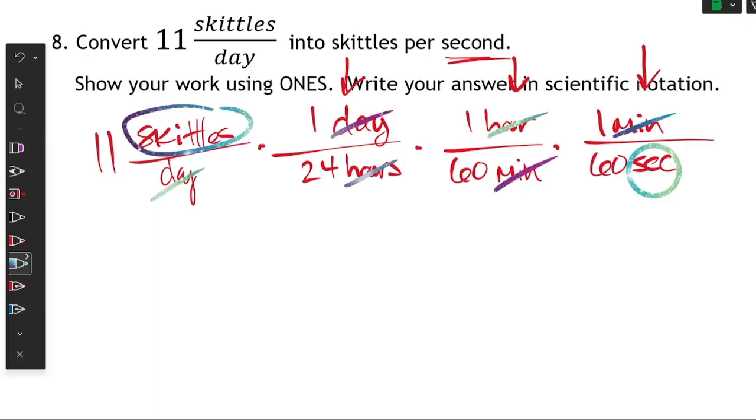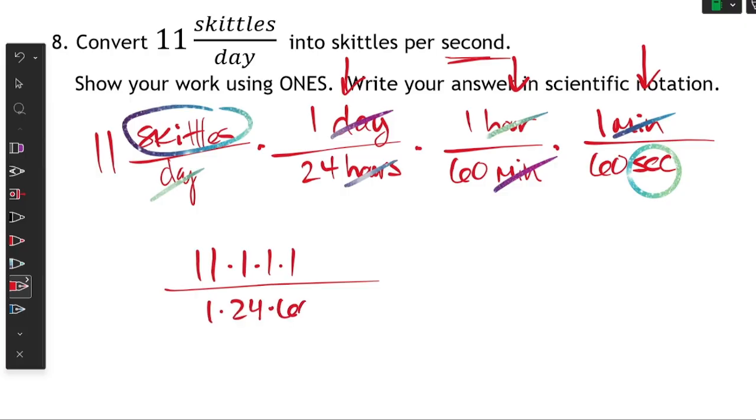So let's write this all down, right? In our numerator, we've got the number 11, times a 1, times a 1, times a 1. In my denominator, I've got 1, because it was 1 day, times 24 hours, times 60, times 60. And again, the only units that are left are Skittles per second.